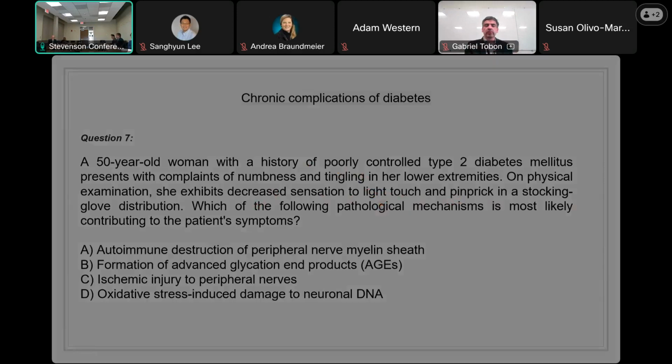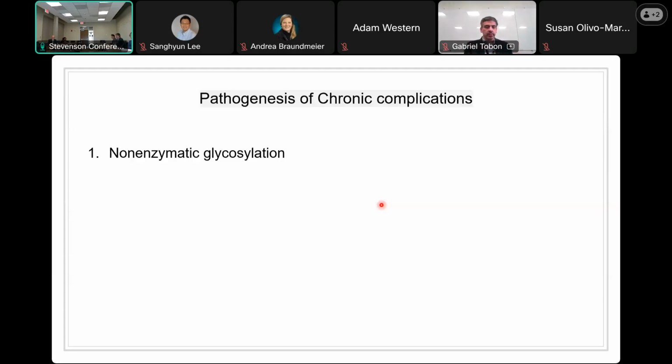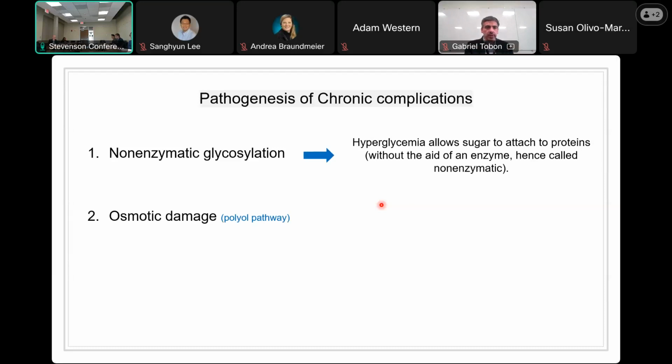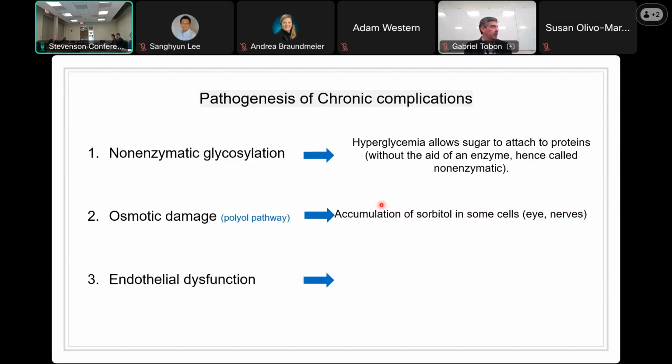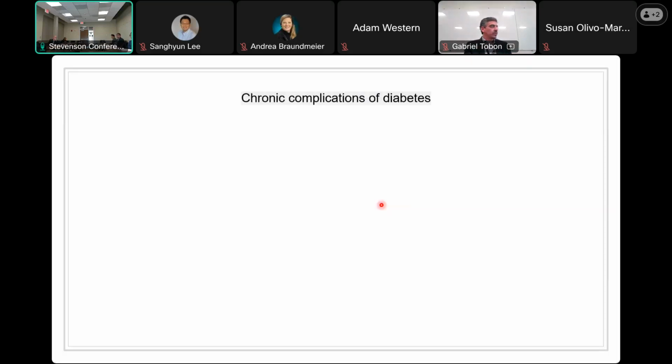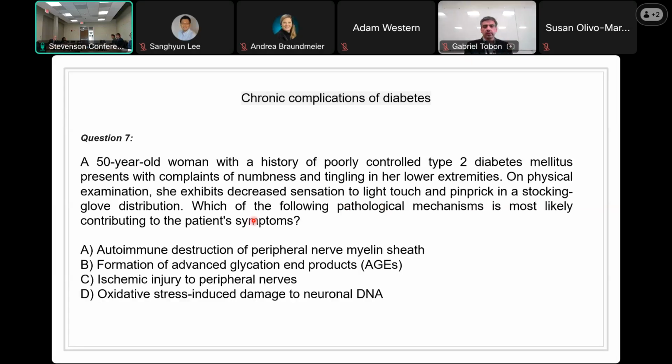So we can review once again the main mechanisms of non-enzymatic glycosylation, osmotic damage, or endothelial dysfunction. And after reviewing the different mechanisms, we can answer the question, like B, for example, which is the most important mechanism for patients with peripheral neuropathy.